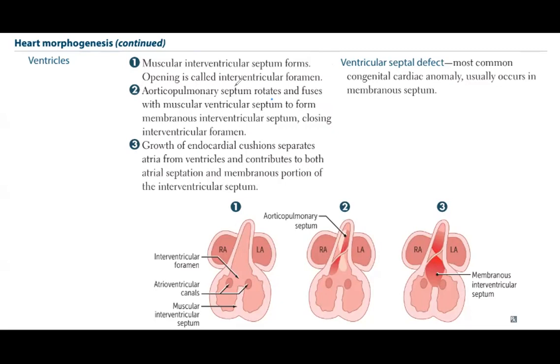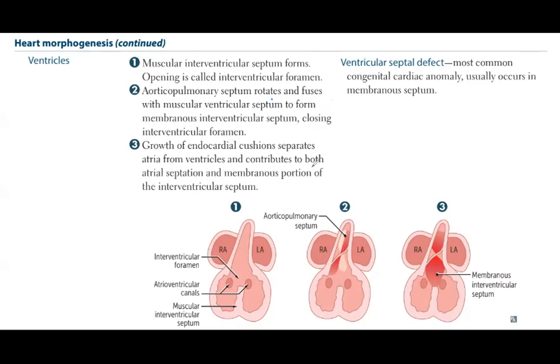Aorticopulmonary septum rotates and fuses with the muscular ventricular septum to form the membranous interventricular septum. I told you about the membranous interventricular septum. It is formed from the endocardial cushion by the rotation of the aorticopulmonary septum and its fusion with the muscular wall. Then the interventricular septum is finally closed.